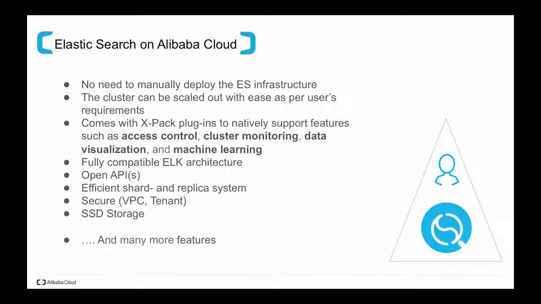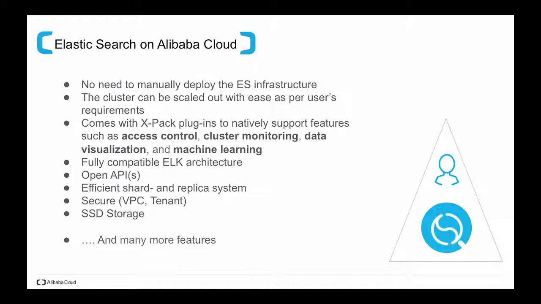And then talk about managing them, upgrading them, downgrading them, monitoring them, and so forth. So when you use Elasticsearch on Alibaba Cloud, there's no need to deploy anything manually. You just configure your cluster size and the cluster is deployed for you.